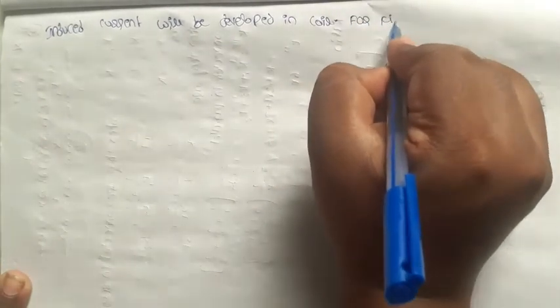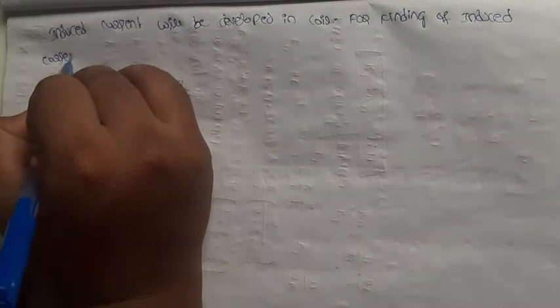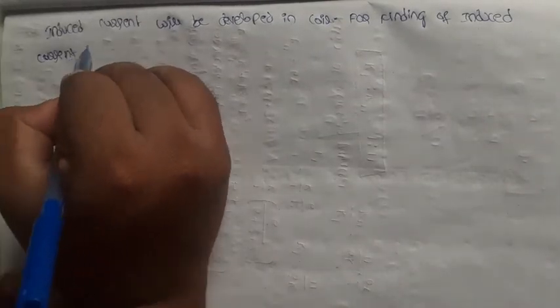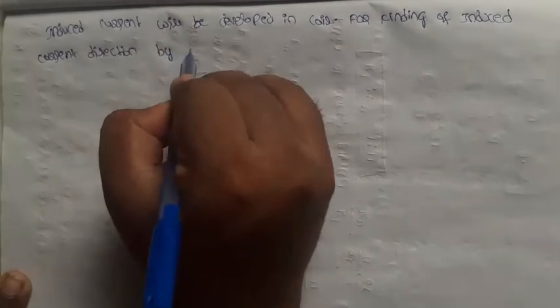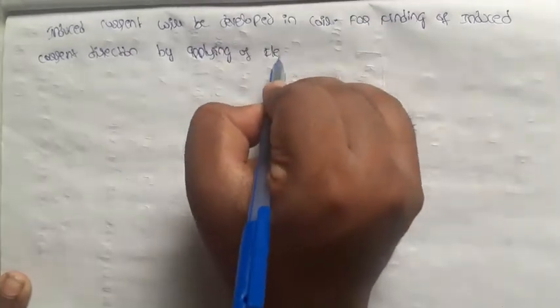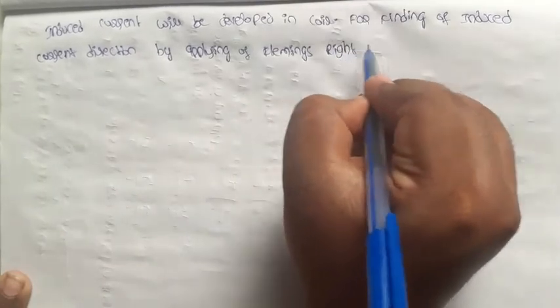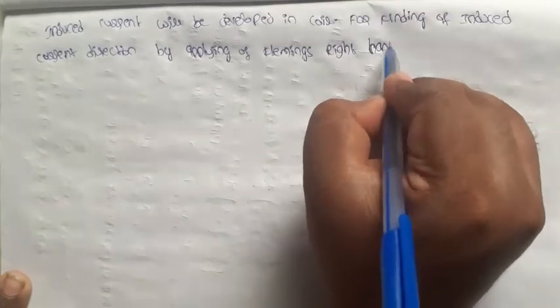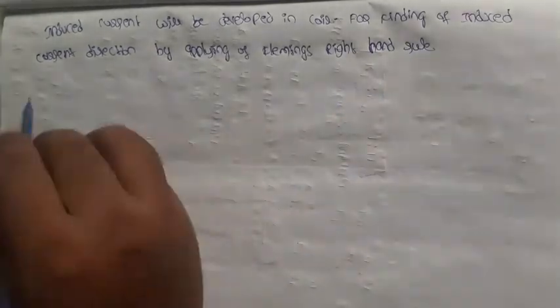For finding the induced current direction, apply Fleming's right hand rule. How do you apply Fleming's right hand rule?